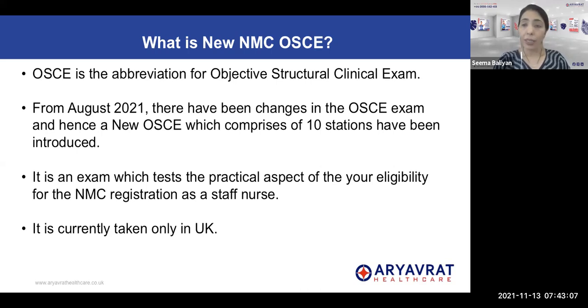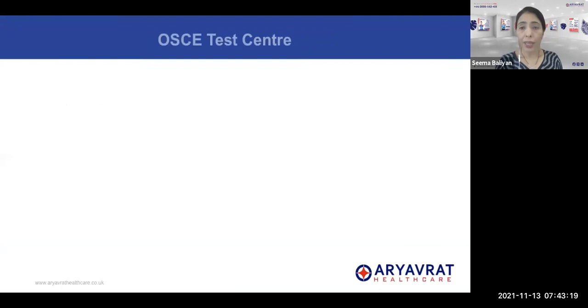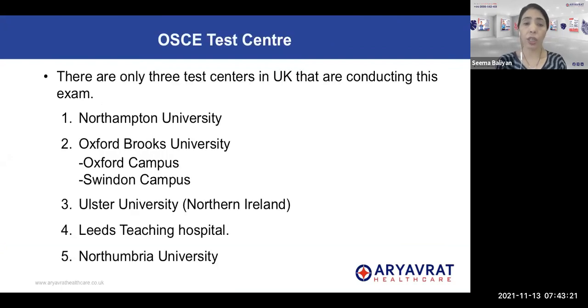Currently the OSCE exam is taken only in the UK. The CBT is conducted in various parts of the world, but the OSCE exam is only taken in the UK. There are various centers in the UK which conduct this exam. Mainly there are 3 centers at the moment, but it has already been announced that 2 more centers are being added from next year, so there will be a total of 5 centers.